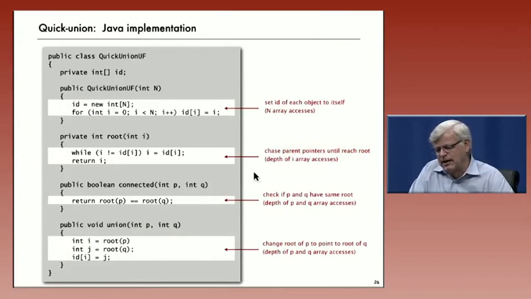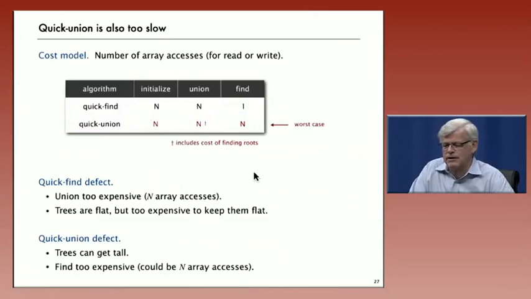So now we have to look at whether this code can be effective for large problems. Unfortunately, quick union is faster, but it's also too slow. And it's a little different kind of too slow than for quick find. There are times when it could be fast, but there are also times when it could be too slow.